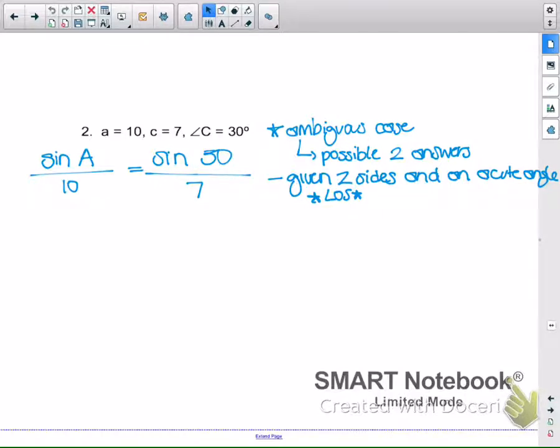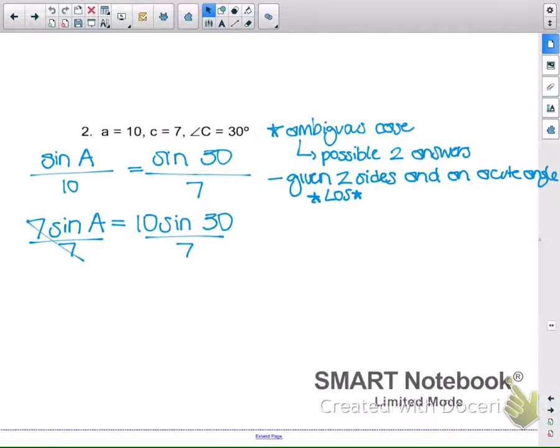So far in your problem, nothing different. We cross multiply. I get 7 sine of A equals 10 sine of 30. There's a slight difference here in solving because we're solving for the angle. What do I need to get away from the left side in order to solve for that angle first? And divide by 7 both sides.